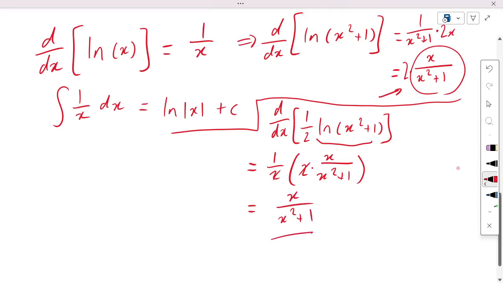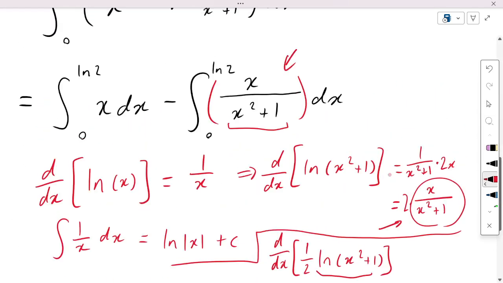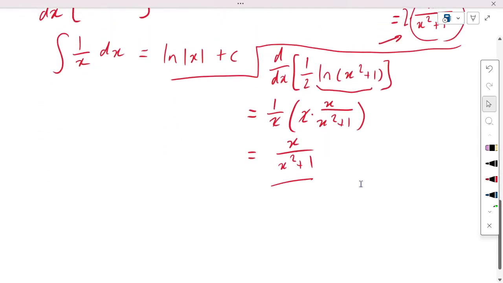Which is exactly the integrand that we want to take the integral of. So the integral of this integrand, x over x squared plus 1, which we just determined, is equal to a half times the natural log of x squared plus 1. Isn't that great? Plus c, obviously, because it's the integral.